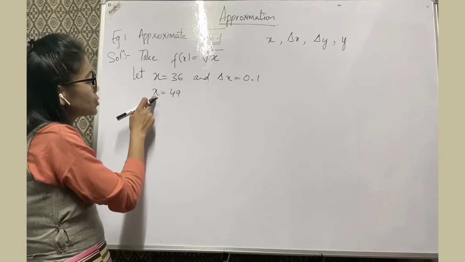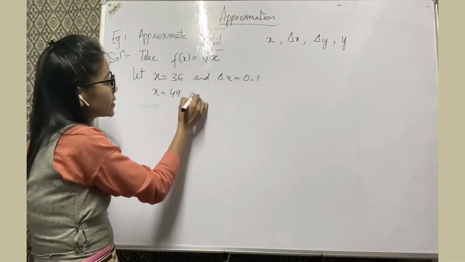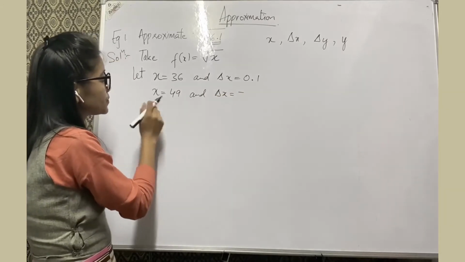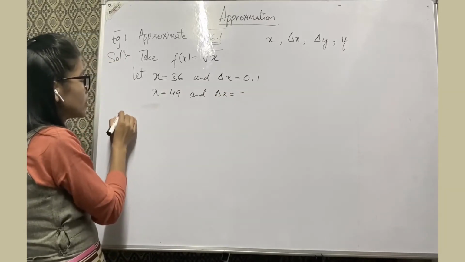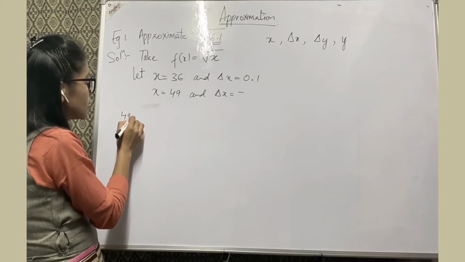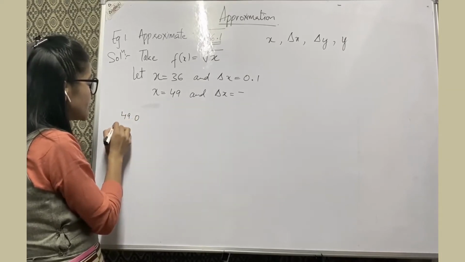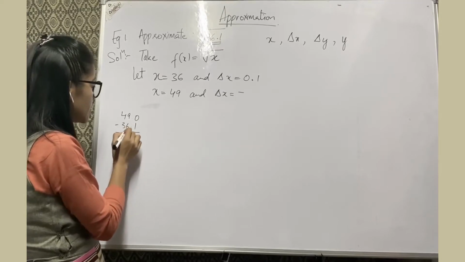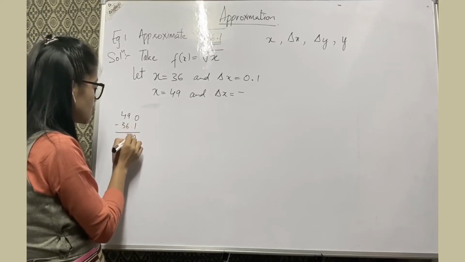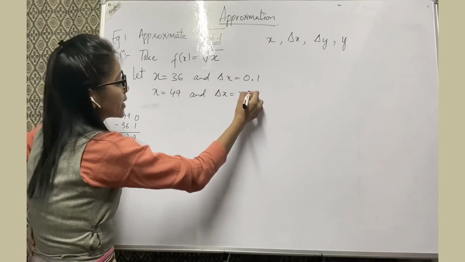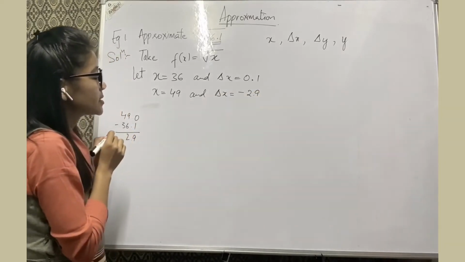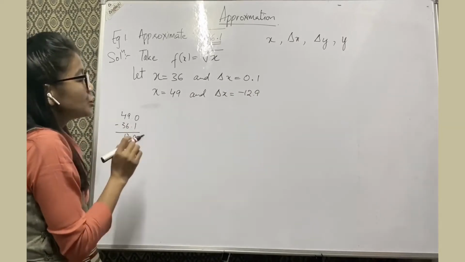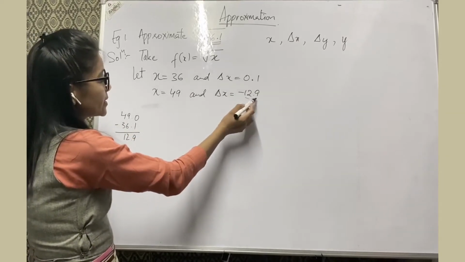Now when you choose x equals 49, what will be your delta x? That will be negative. Now you have to take 49 minus 36.1, so that will be negative 12.9.